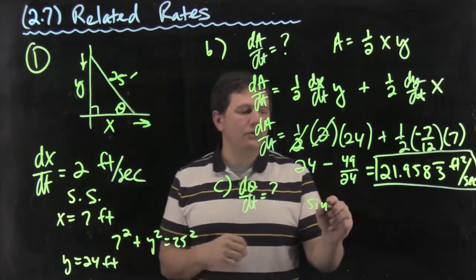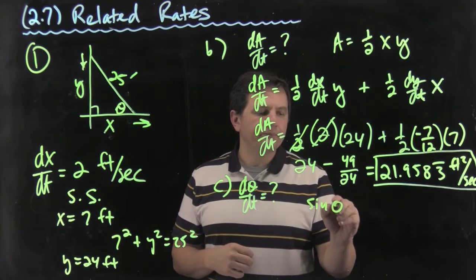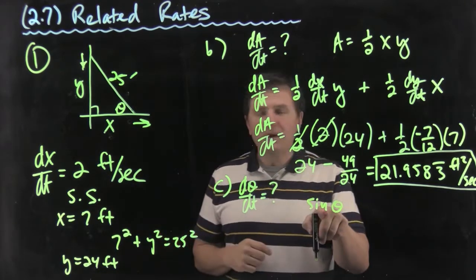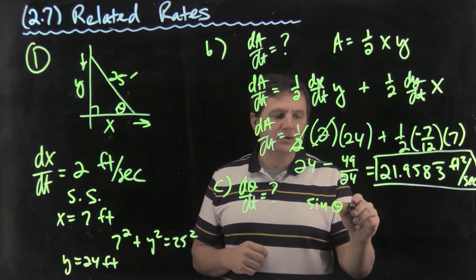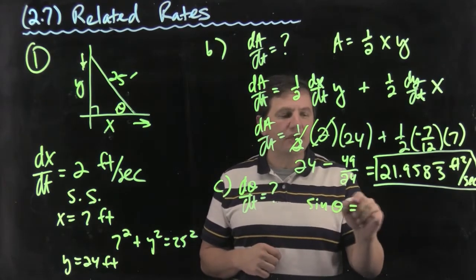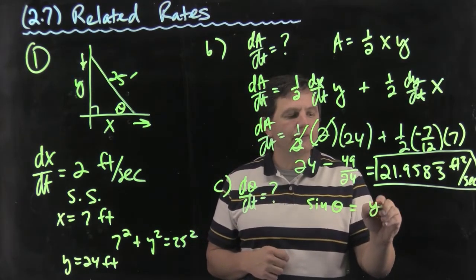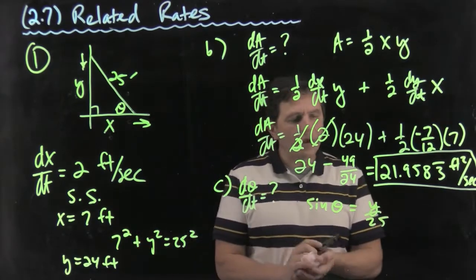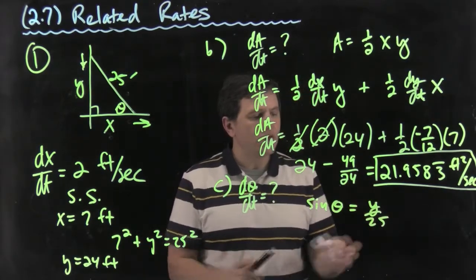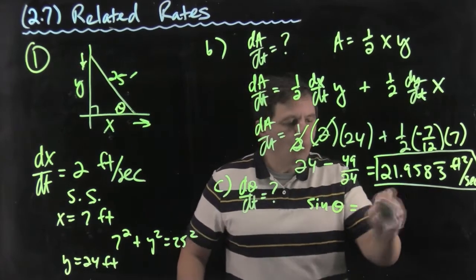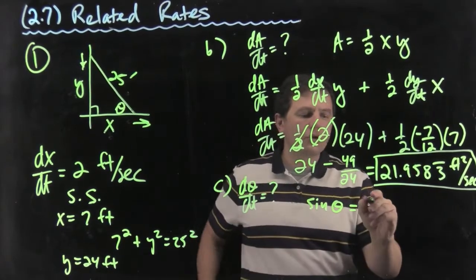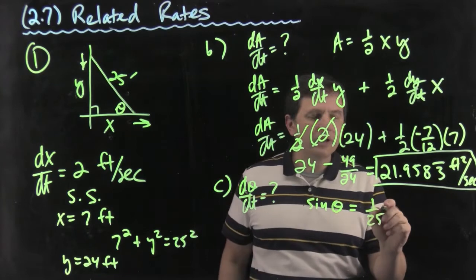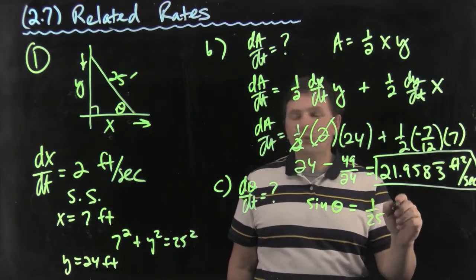Any right triangle trig function will work, but sine is definitely going to be the easiest. So sine of theta will be y over 25. Because I'm going to take the derivative of that, I don't want to leave this as a quotient. I'm going to call this 1 over 25 and then y.